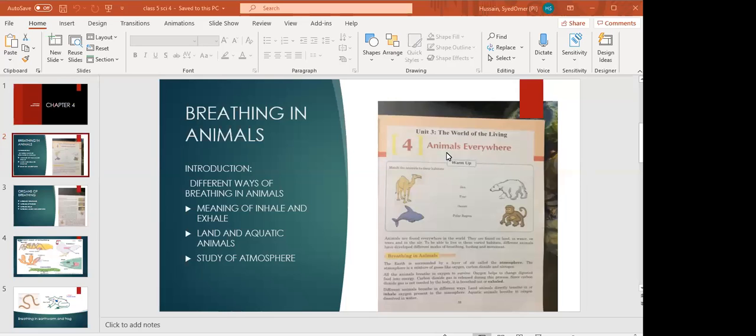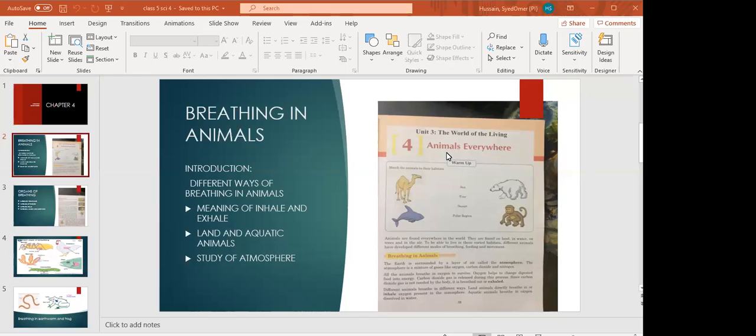These are the different ways of living on land as well as in water. They know how to move, how to eat, how to breathe, and for these purposes they have developed special features.